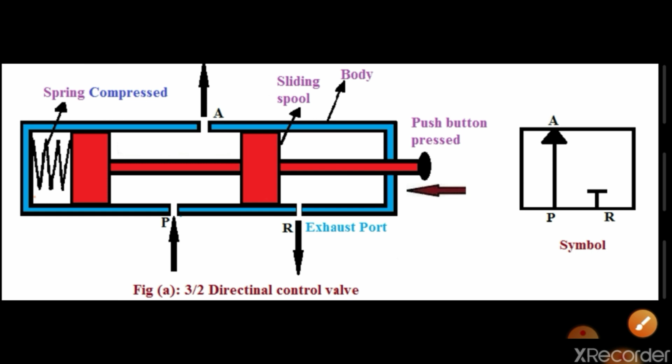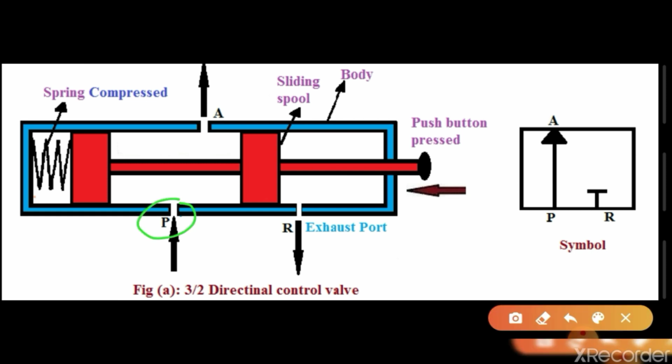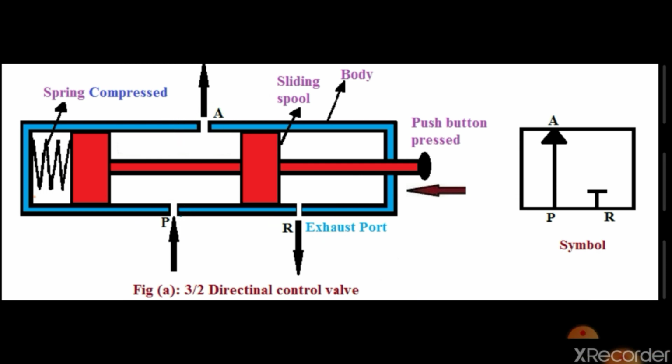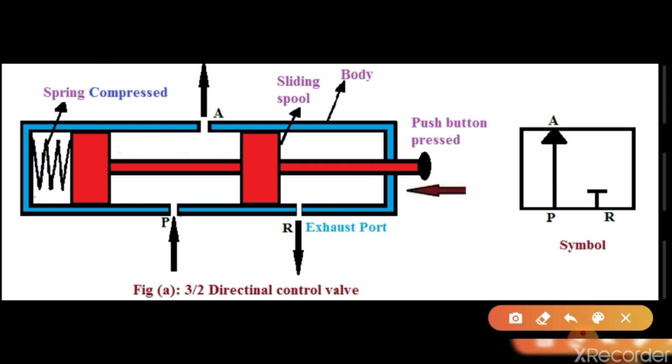In this case 1, port P and port A are open and port R is closed, as you can see from this figure. When this push button is pressed, the horizontal sliding spool moves and compresses this spring completely.